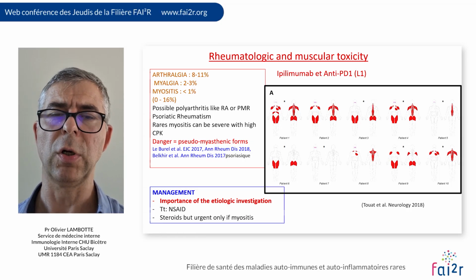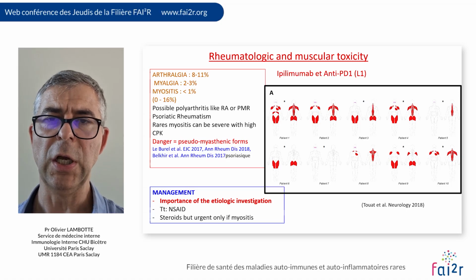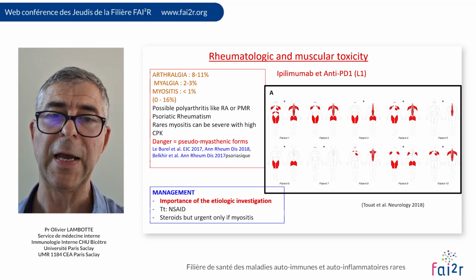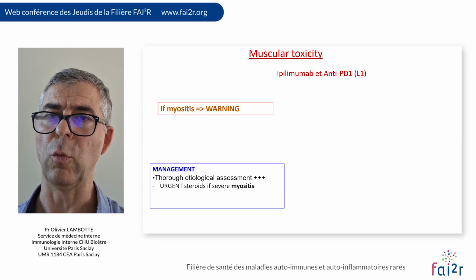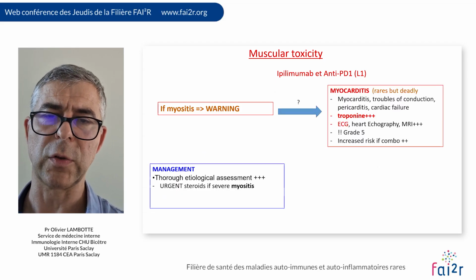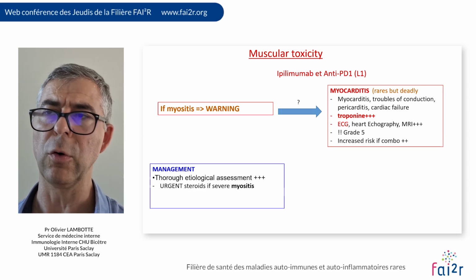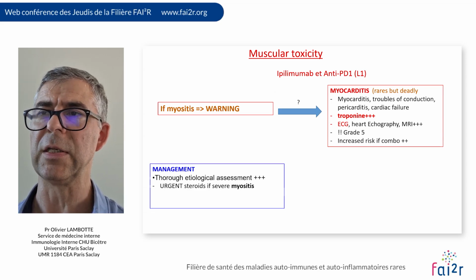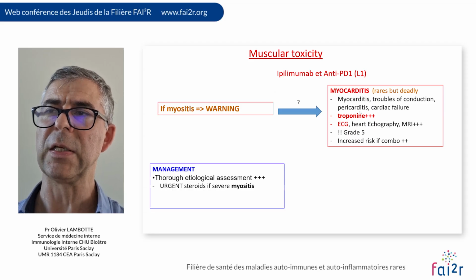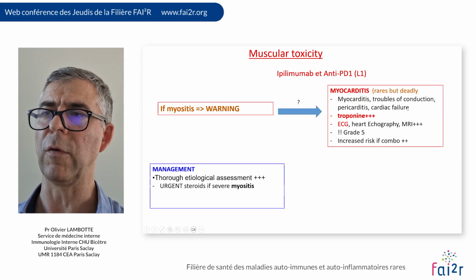The second danger for myalgia and myositis is the association with pseudomyasthenic forms, and mainly the warning is myocarditis. About 1 in 3 patients with myositis will have the triple form, which is more severe, with myocarditis and myasthenic syndrome. Myocarditis is clearly rare, but it's a deadly form if you don't treat it very aggressively.